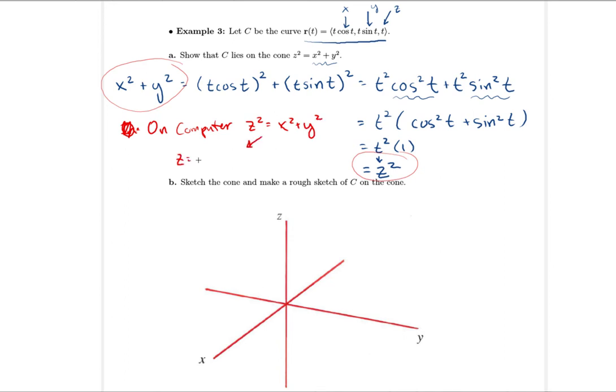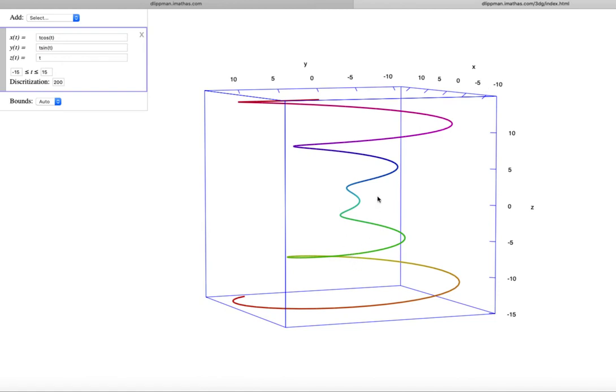Z equals the square root of x squared plus y squared. But then if you take the square root of both sides, it could have equaled the negative square root of x squared plus y squared. So I'm going to go ahead and graph both of those. And what I'm hoping to see is that when I do graph those, that cone that's generated perfectly is holding that space curve.